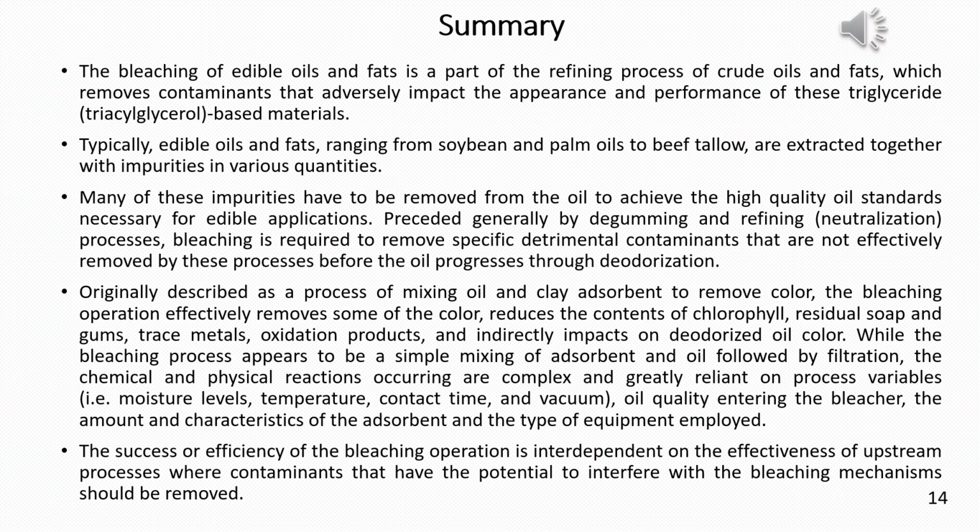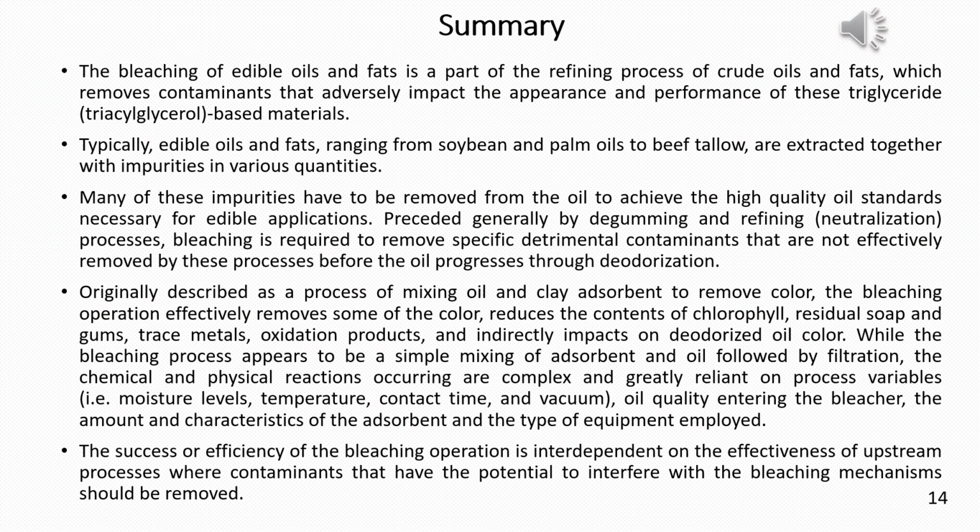For example, the oil moves toward the degumming procedure. Here in this chamber, the gum is removed from the oil, and the oil moves towards the refining procedure or the neutralization chamber. Here the oil is refined, and then it goes to the bleaching chamber where the specific contaminants present in the oil are removed and the color of the oil is changed.